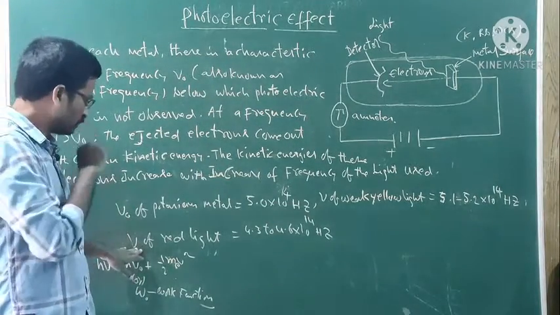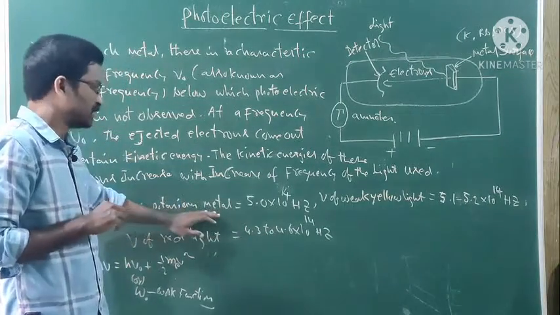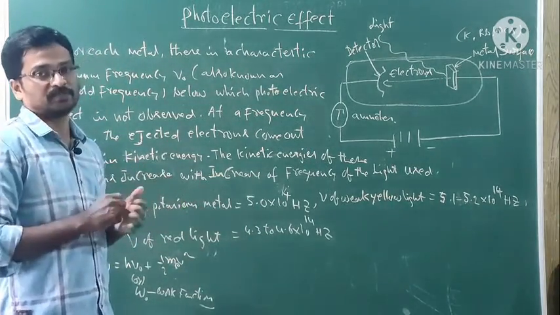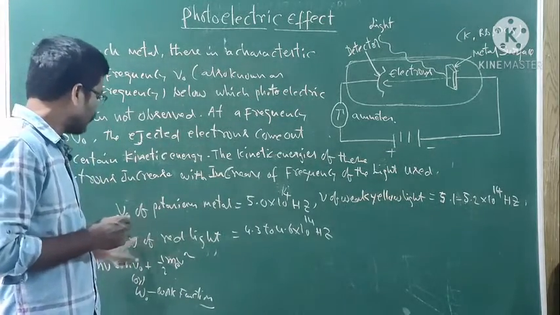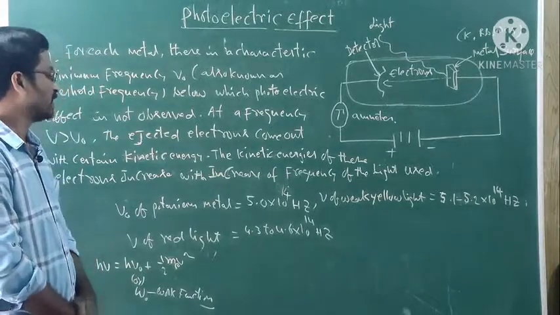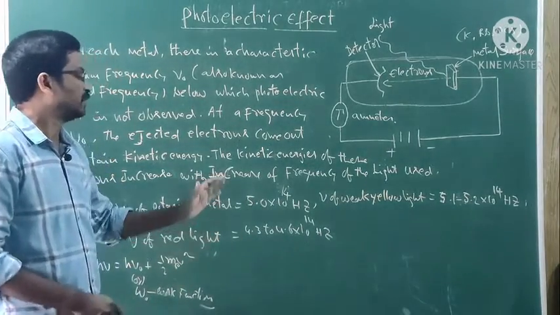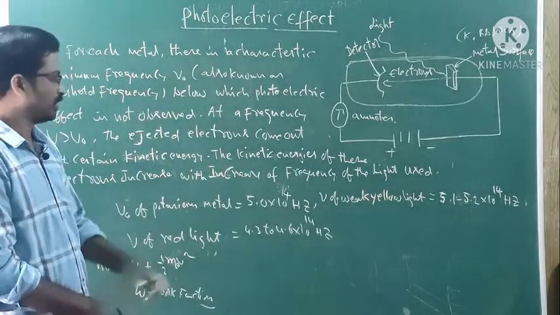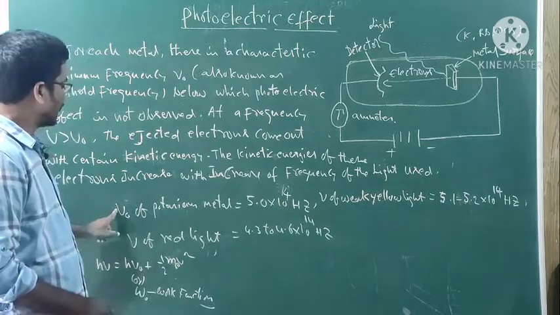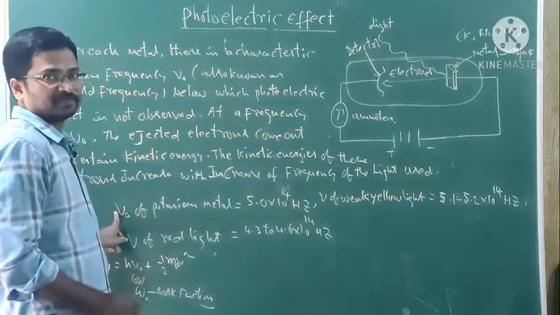Whenever red light falls on the metal surface, electron ejection does not take place, because the frequency of red light is 4.3 to 4.6 into 10 to the power of 14 Hz. The frequency of light is less than the threshold, so ejection of electrons does not take place.